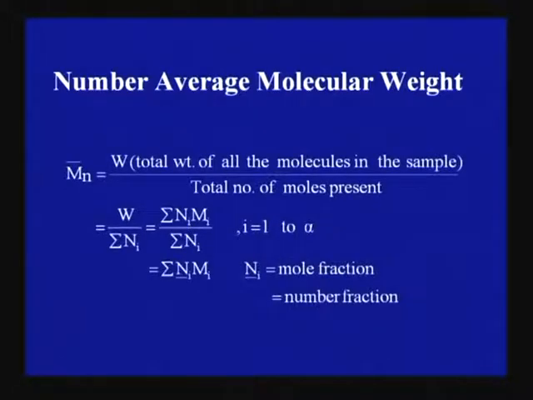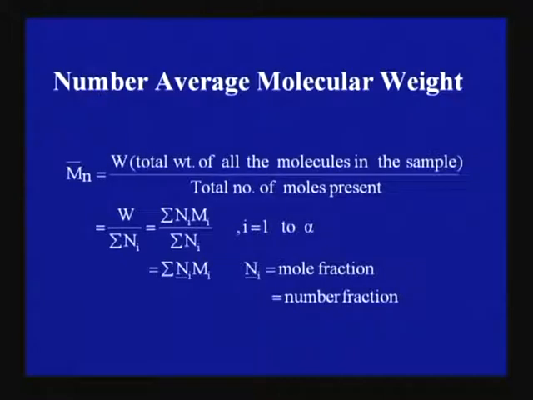So, the sum of this total mass is the weight of the polymer we have taken for determination of molecular weight. In the denominator, you see the sum of n, means the total number of moles present in the mass.